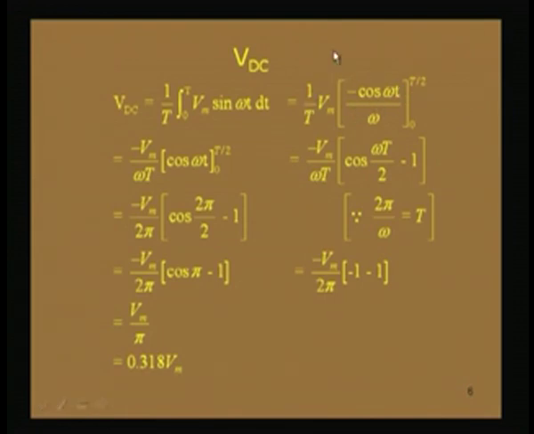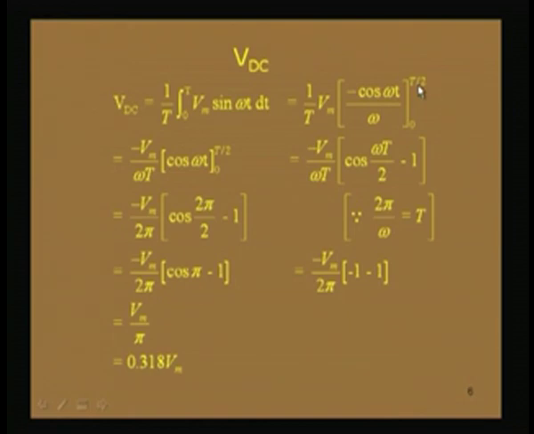If you carry out that integration, it will be equal to 1 by capital T V m. Within that, the integration of sin omega t will be minus cos omega t by omega between the lower and upper limits 0 and capital T by 2. Here you have to note that because one half cycle has 0 voltage, we integrate only between 0 and capital T by 2, because the other half is totally 0.